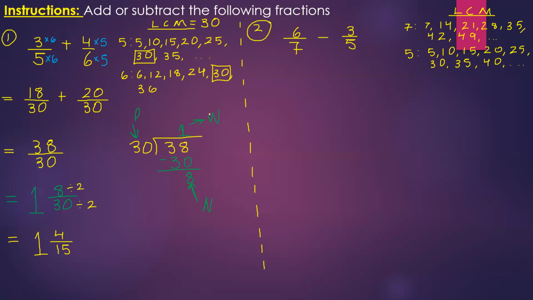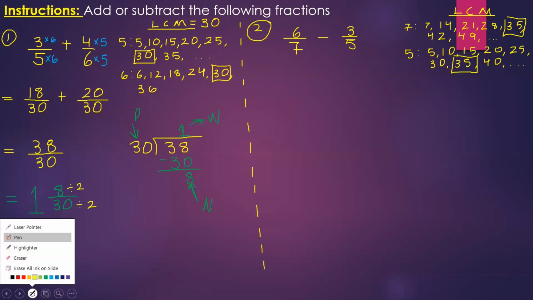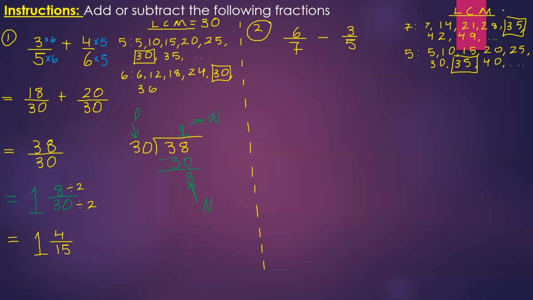Sorry, can you repeat the question? What is the lowest common multiple of 5 and 7? It is 35. So the answer, the LCM, is 35.